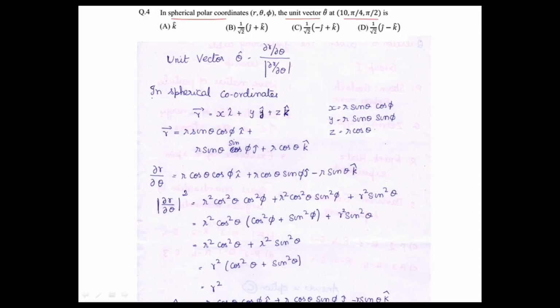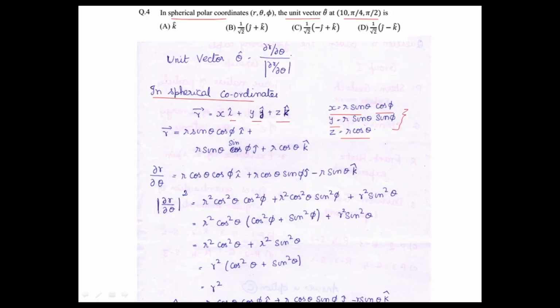For spherical polar coordinates, our position vector is equal to x i cap plus y j cap plus z k cap. Here x is equal to r sin theta cos psi, y is equal to r sin theta sin psi, and z is equal to r cos theta. Now substitute these values in the position vector, then we will be getting this expression.